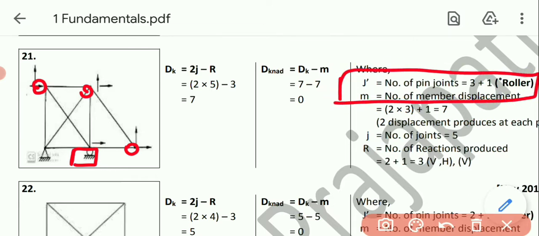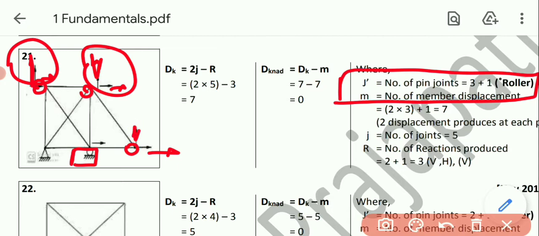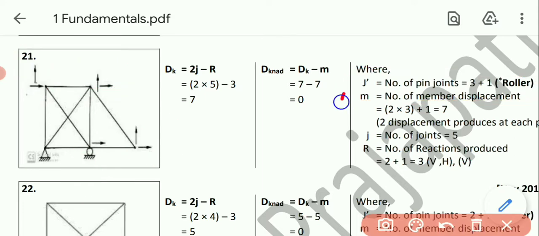Reactions mean displacement, M is 2, 2, 2, that is 6, and for the roller 1, that is 6 plus 1, that is 7. See, M is 2 times 3, that is 6, plus 1, that is 7.